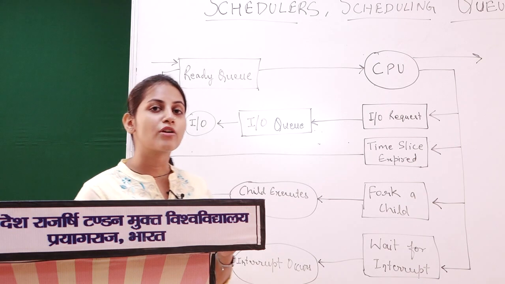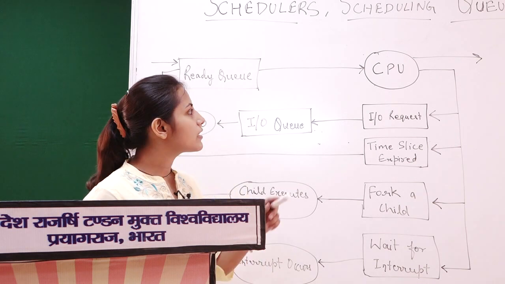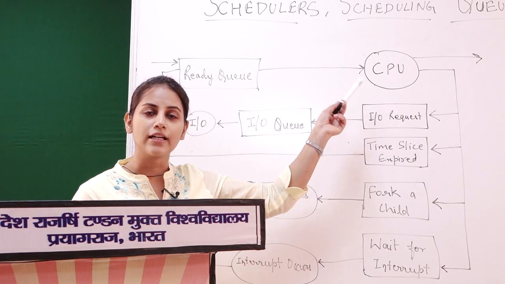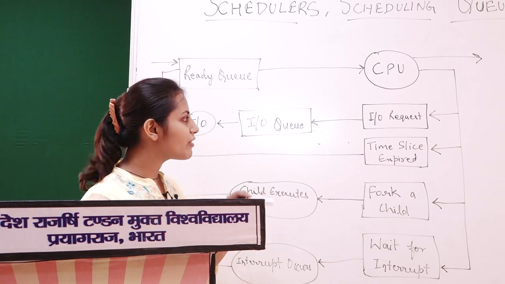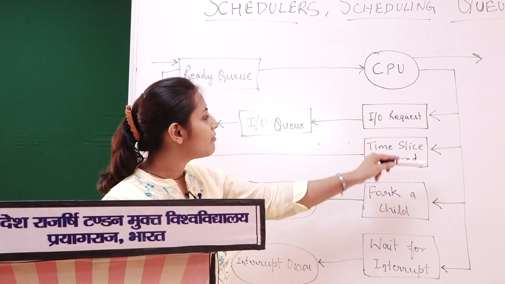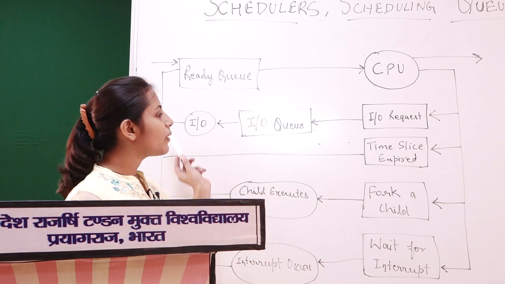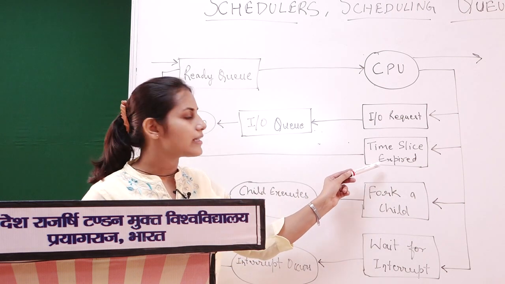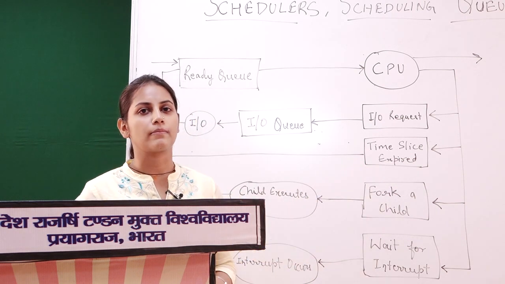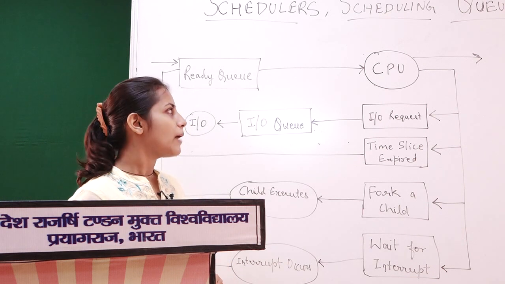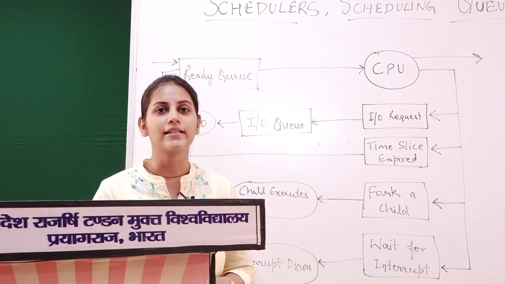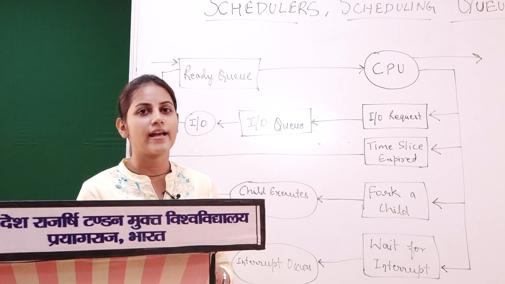Otherwise, in the case of time sharing systems, the time allotted to the process for running might have expired, because of which the process will keep waiting in the ready queue until it again gets time for execution. A process might also fork a child and wait for the child to execute.